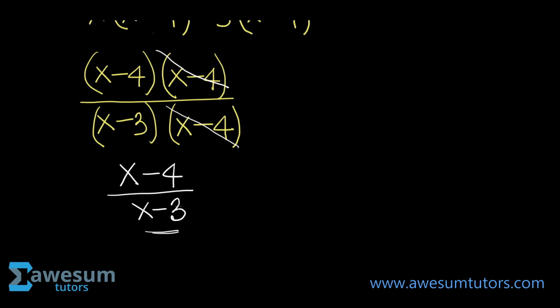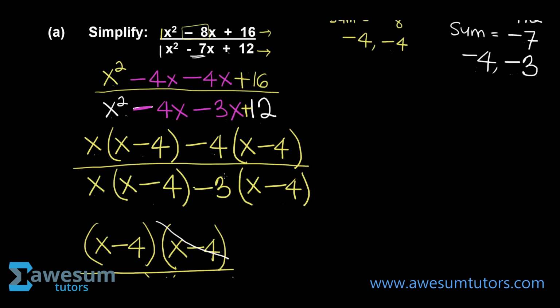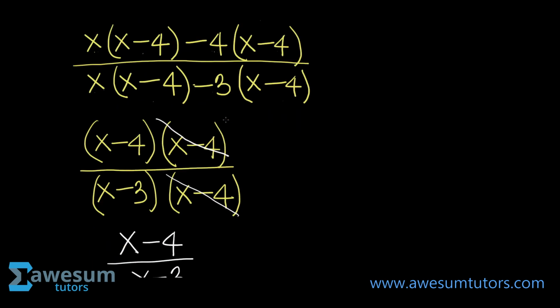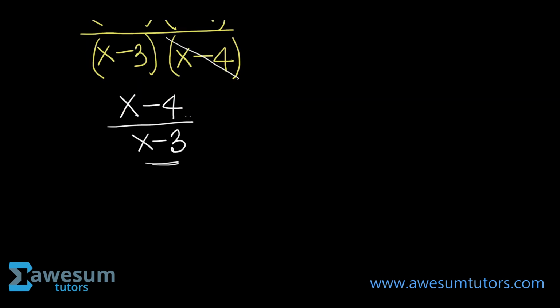If you are asked to simplify this question, that is pretty much all you have to do: factorize the numerator, factorize the denominator also, and then simplify. So my final answer is x minus 4 over x minus 3.